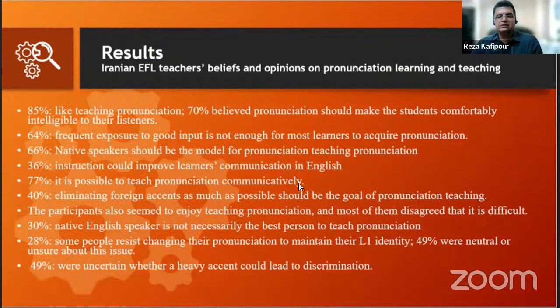So it is a finding against the theories we had, because theories said that communicative language learning cannot match with teaching pronunciation implicitly. But for our study, this theory was actually rejected.